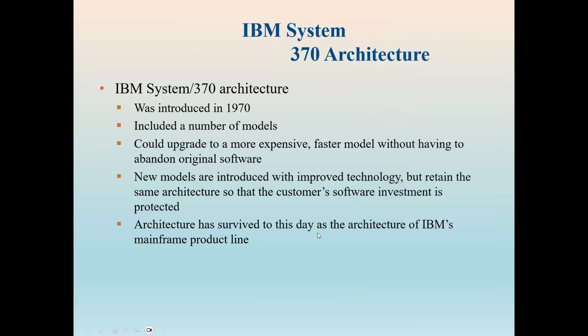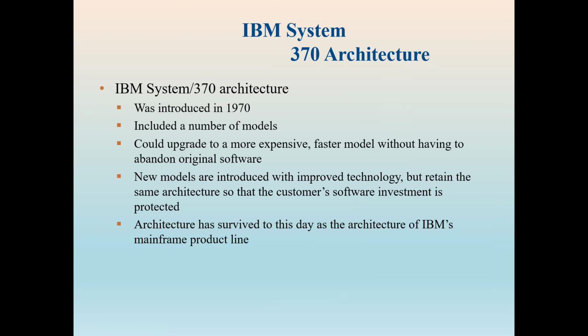One of the prominent examples of both these phenomena is the IBM System/360 architecture. This architecture was first introduced in 1970 and included a number of models. A customer with modest requirements could buy a cheaper, slower model, and if demand increased, later upgrade to a more expensive, faster model without having to abandon the software that had already been developed.